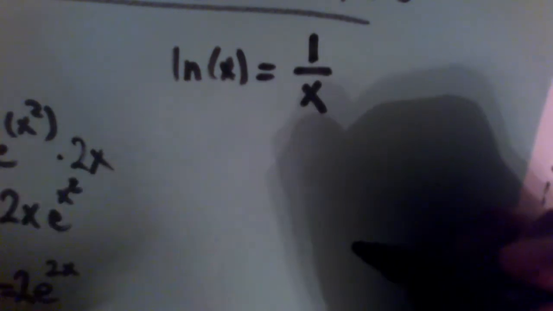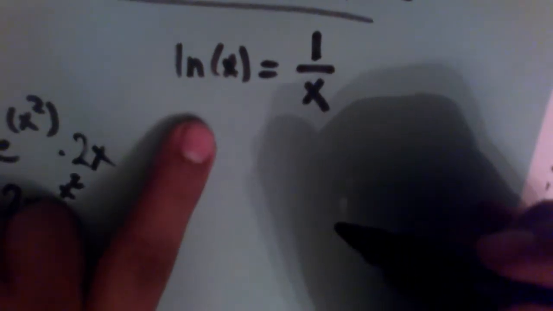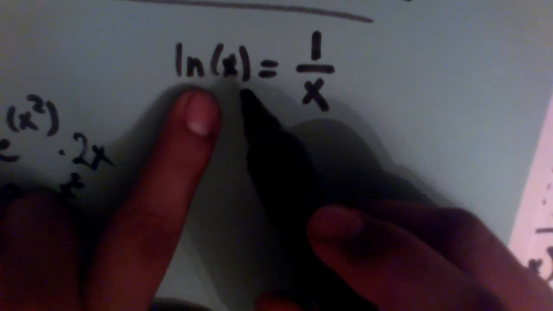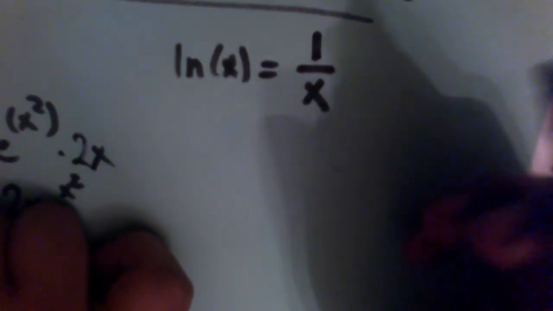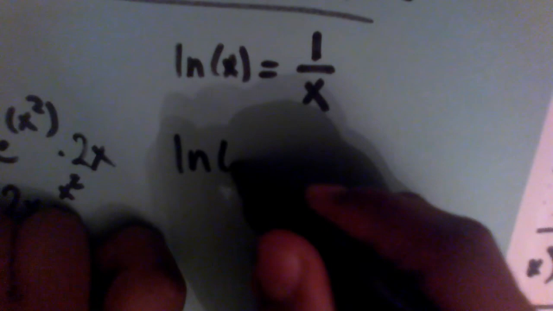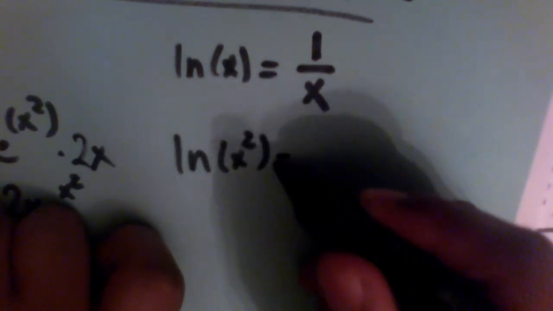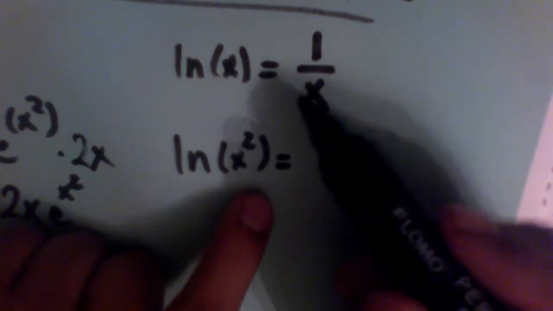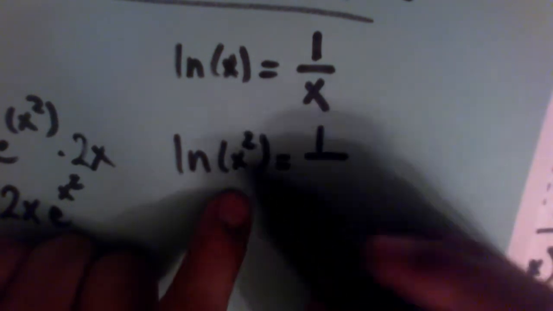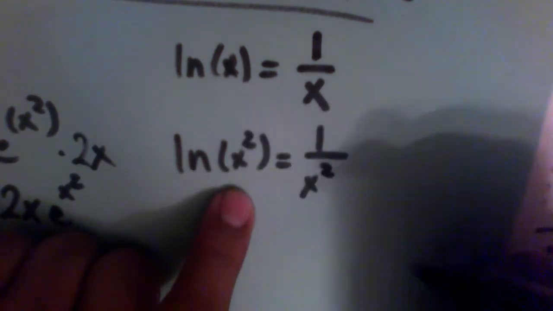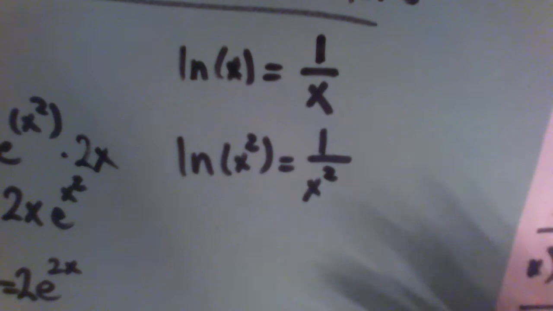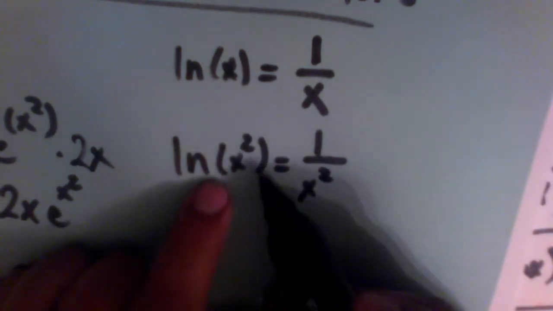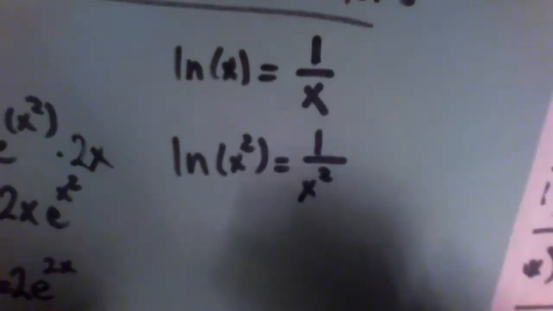Alright, but things change yet again when the inside part is no longer just an x. So for example, if I have natural log of x squared, the derivative would be 1 over what's inside, but then it's the chain rule again, because we have an inside of the parentheses that's no longer linear.